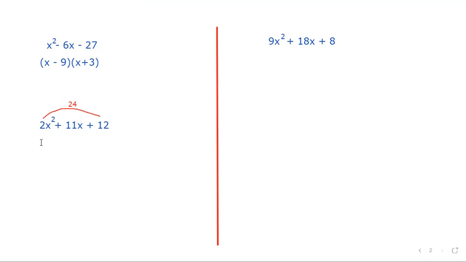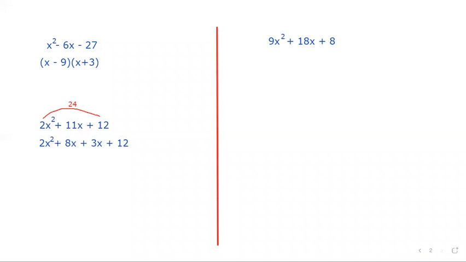So we want to think about two numbers that can satisfy these terms. So I want to use 8 and 3. So what I'm going to use is say 2x squared plus 8x plus 3x plus 12. As we said again, that's two numbers that can multiply to give you 24, but they can add up to give you 11.